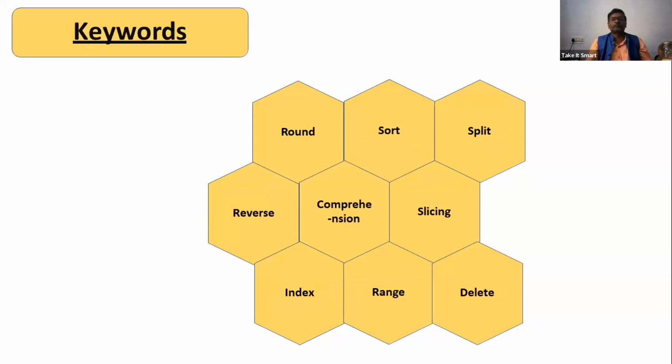Keywords, or you can say inbuilt functions. So what are inbuilt functions, guys, and what do they do? Round: for example 3.12345678910.